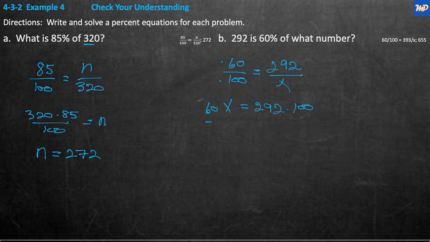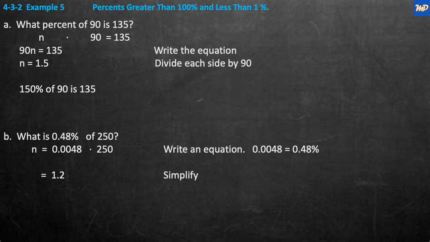And then we're going to divide both sides by 60. These will cancel. And you're going to get x. X is equal to 153.33 or, because you take 92 times 100, so it's 9,200 divided by 60, and you're going to end up with that as your solution. Okay, example 5.